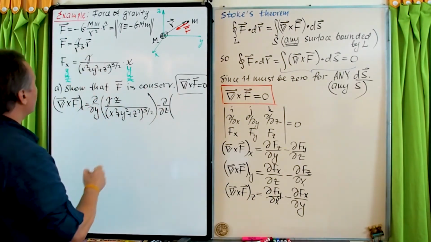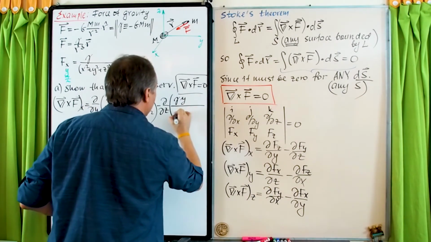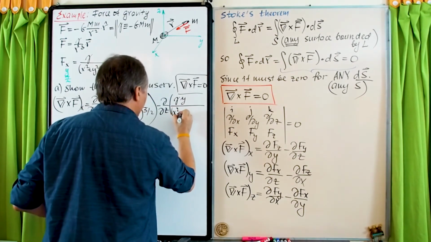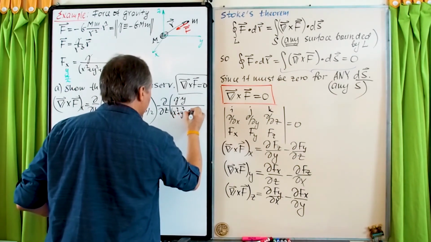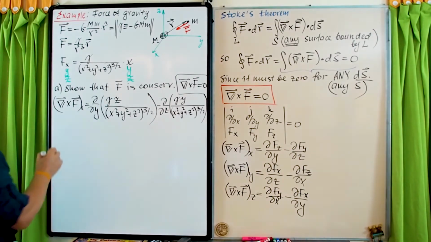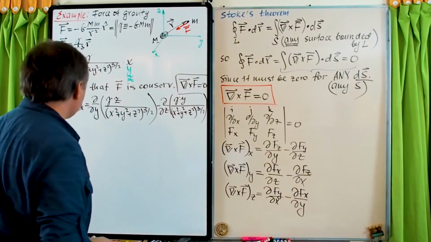So now y component, so it will be gamma y over x squared plus y squared plus z squared to the power of 3 over 2. Okay, so let's differentiate. What can be easier than that?